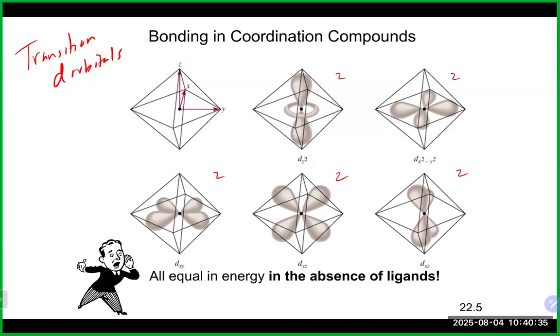In the absence of any ligand, all 5 of those d orbitals on an energy level will be equal in energy. And if they are equal in energy, they will follow normal electron filling, which, as we know by Hund's rule, is maximize parallel spin, which means they will all go in one at a time before they come back and start filling up the rest of them and pairing off the spins.